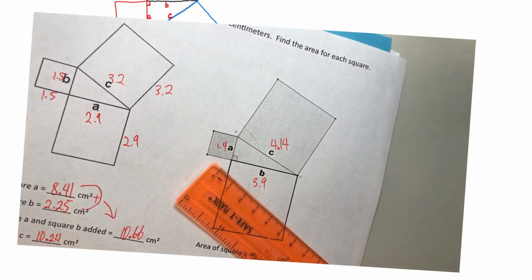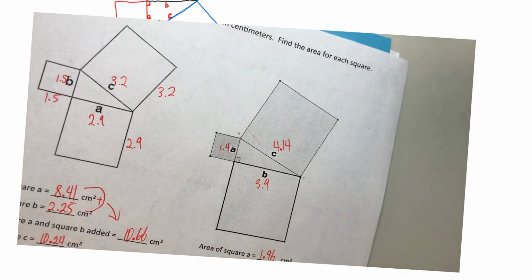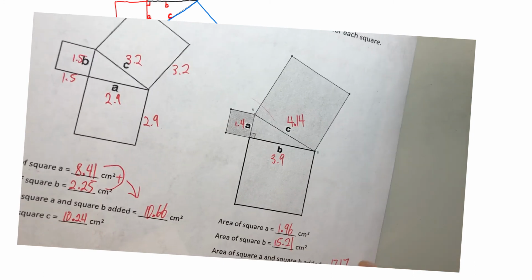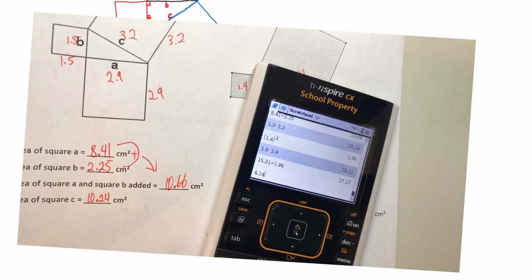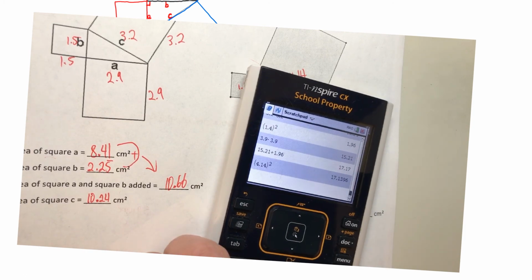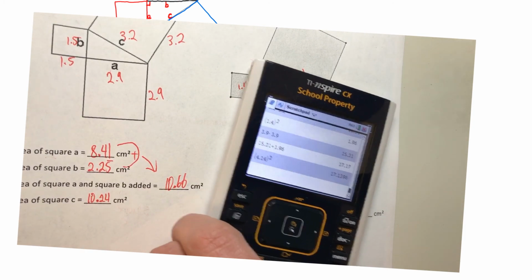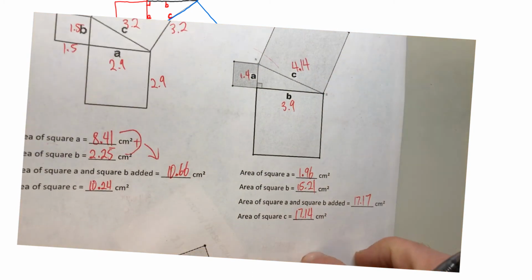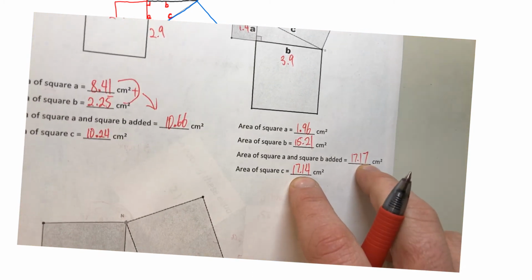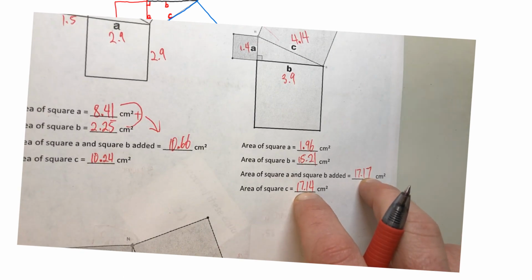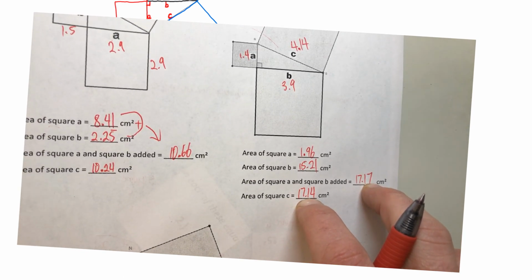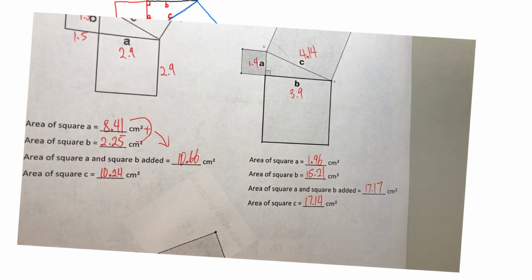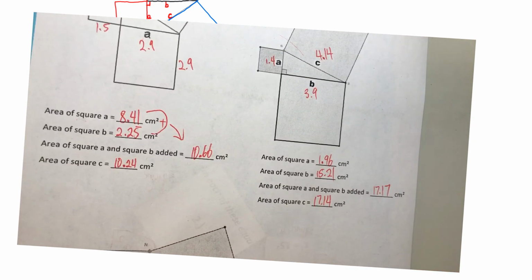So 4.14 squared is what? 17.14 if we round it. Okay, and you can see how close that gets us. And again, the reason they're not exact is because we're rounding. But it was close enough. Yeah, that's pretty good right there.